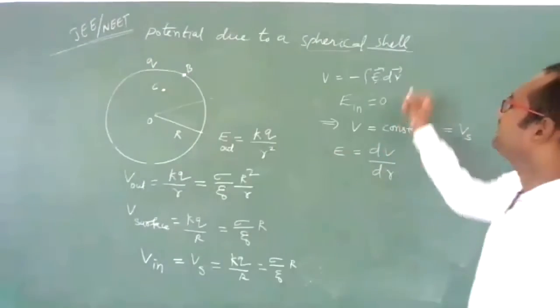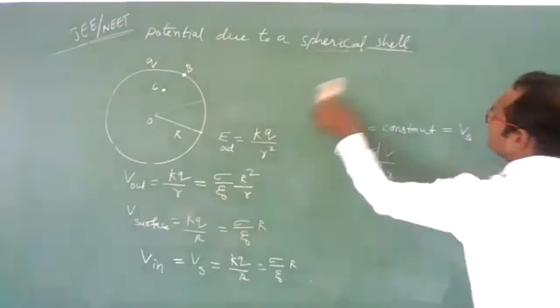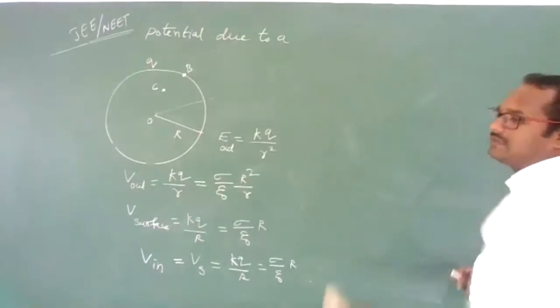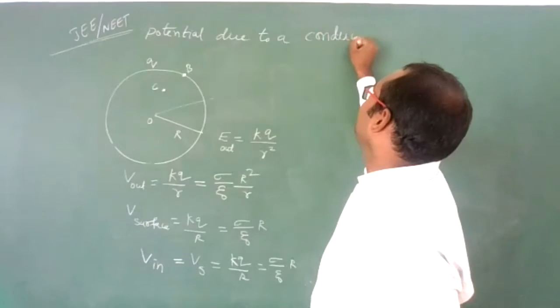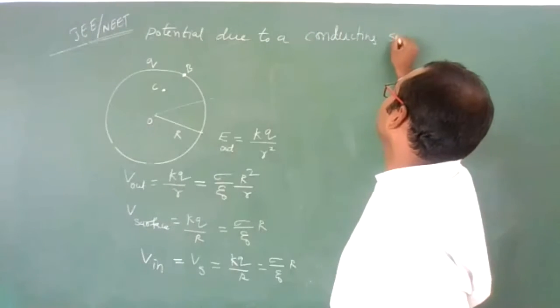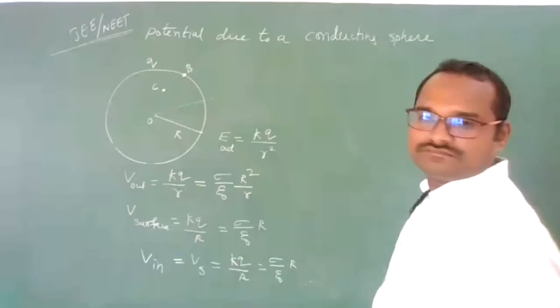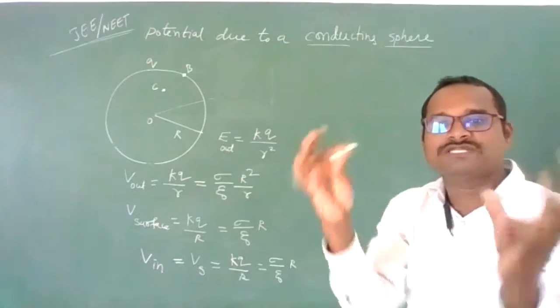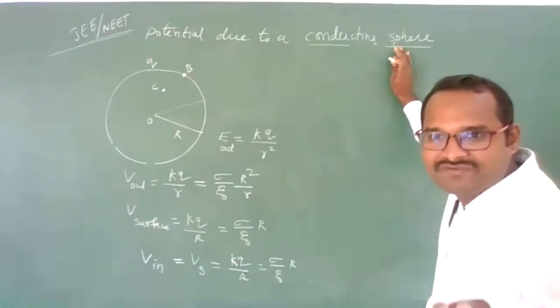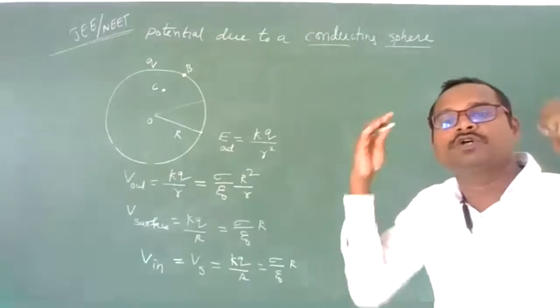Now, instead of a spherical shell, sometimes they will give you a conducting sphere. You take one conducting sphere, a solid sphere. Whenever I am calling sphere, you imagine a solid sphere only.